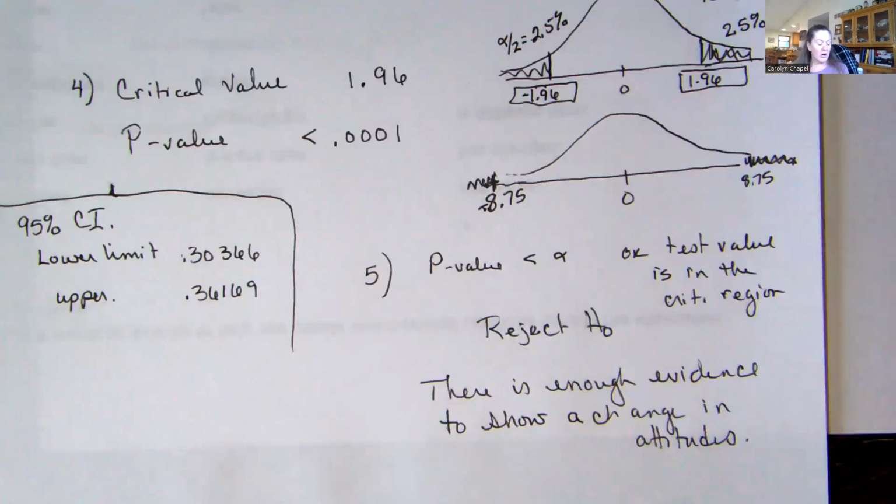So it's no longer, or a change from that 47%. You can get a little bit more wordy here if you'd like. This is probably not my strong suit of writing those conclusions, but you do want to make sure to write it in reference to what we're talking about.